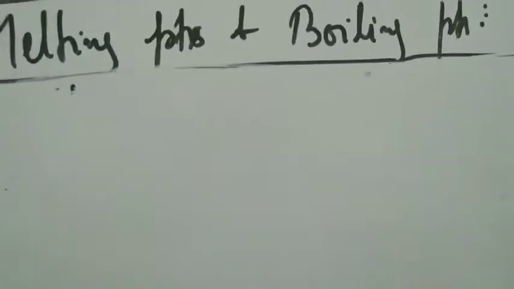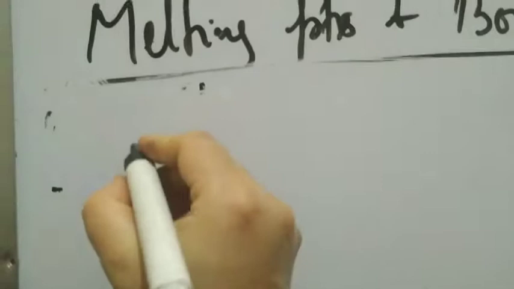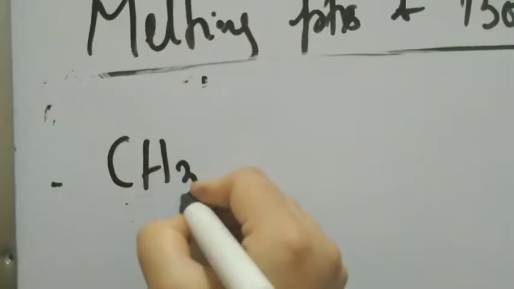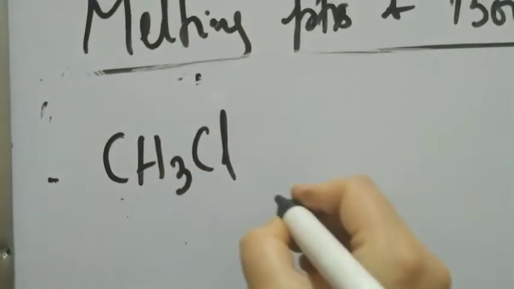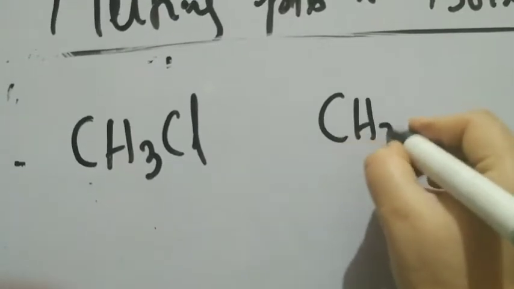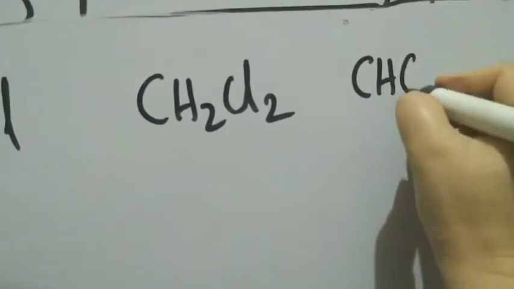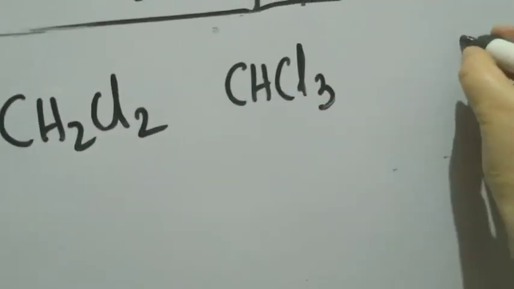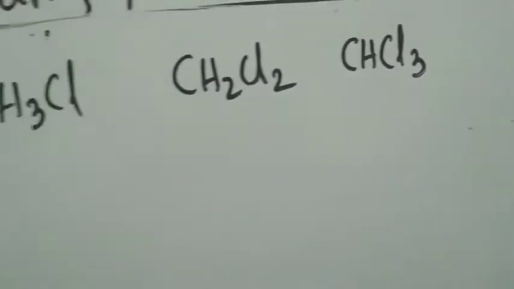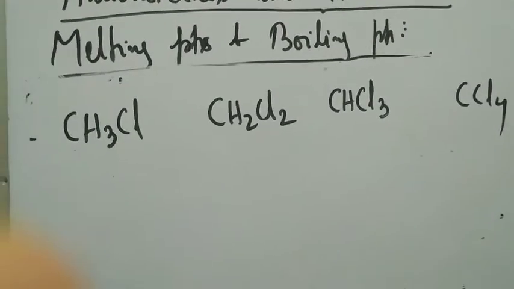And I'll write down the final trend in this. We're talking about melting points and boiling points of haloalkanes. I'll just write down the examples first. For example, I have CH3Cl. Then I have CH2Cl2. Then I have CHCl3. Then I have CCl4. These are all the derivatives of the same parent alkane.